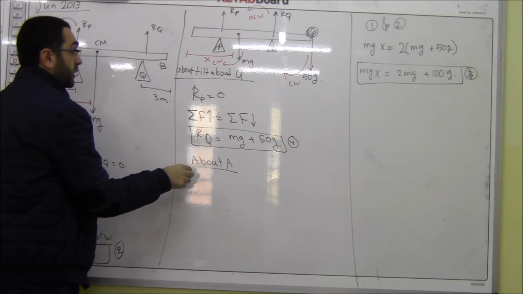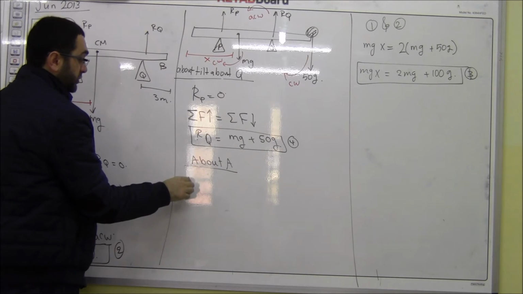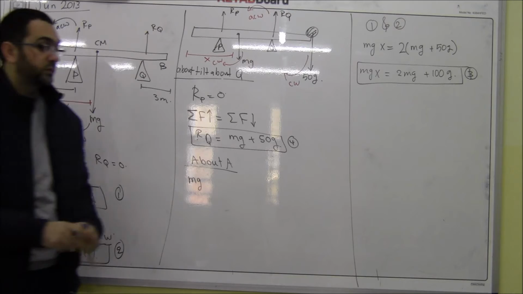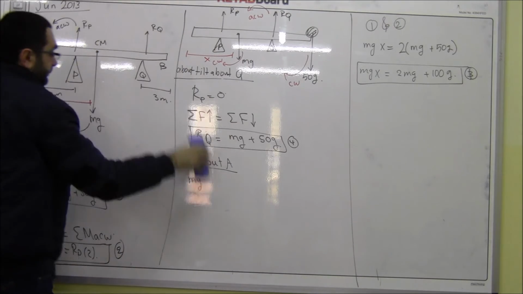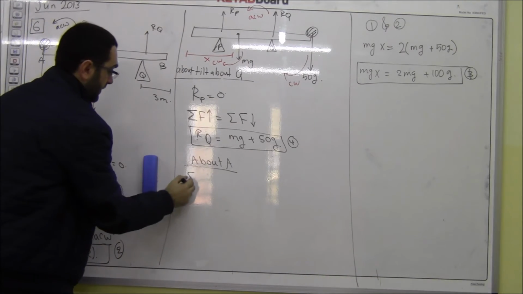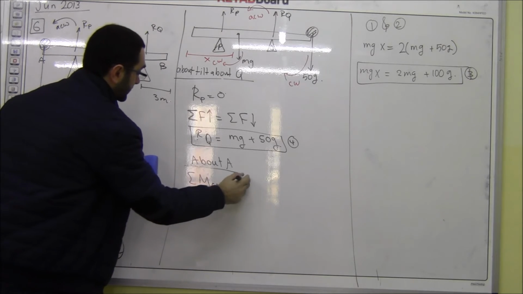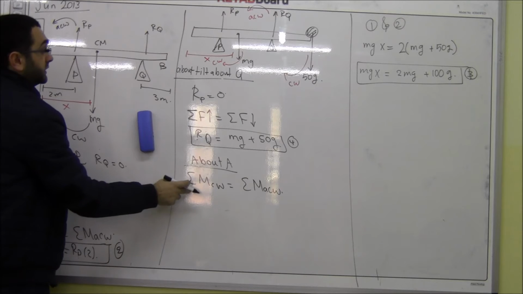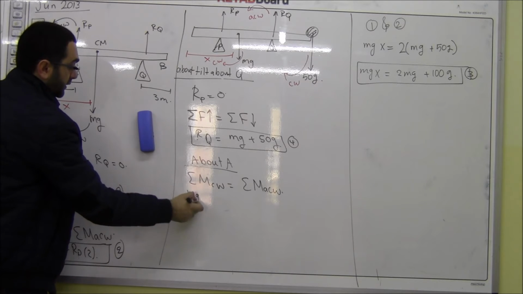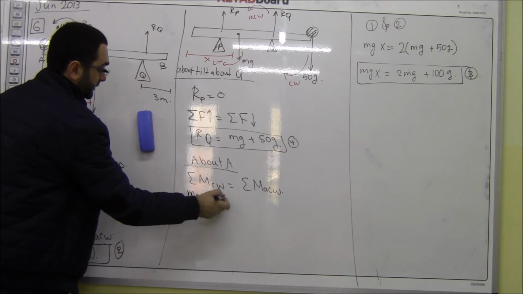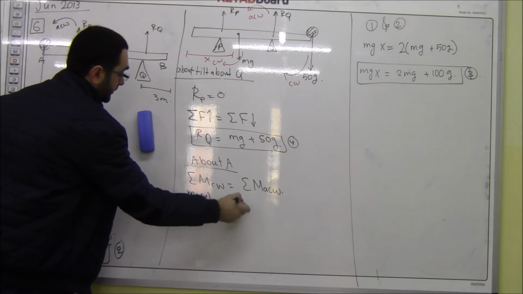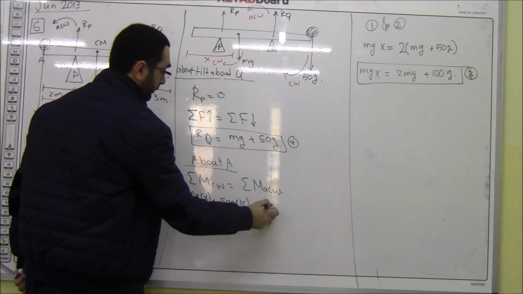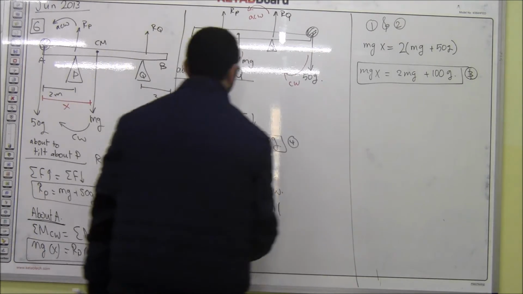About A, guys, about A, look. Sum of moments clockwise equals sum of moments what? Anti-clockwise. What are the clockwise moments here? mg times x plus 50g times 15 equals anti-clockwise RQ times what?